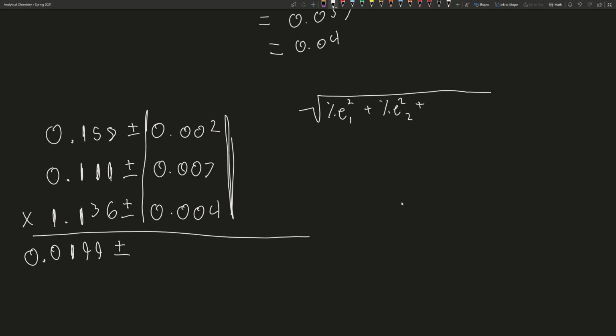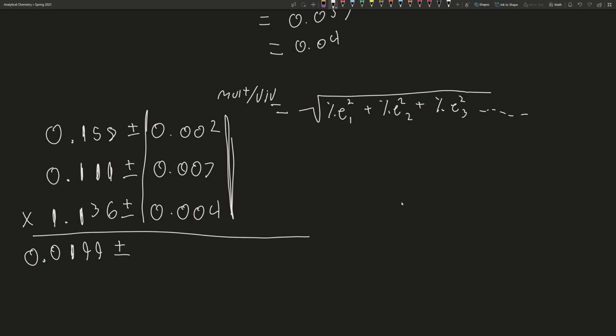So this is for multiplication and division. How are we going to do this?